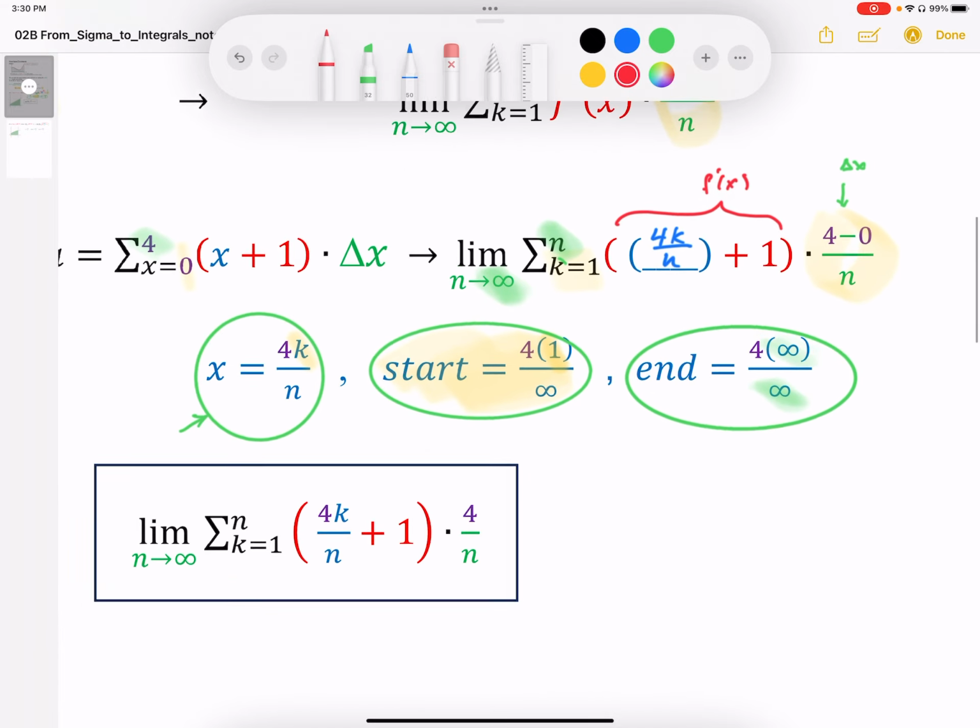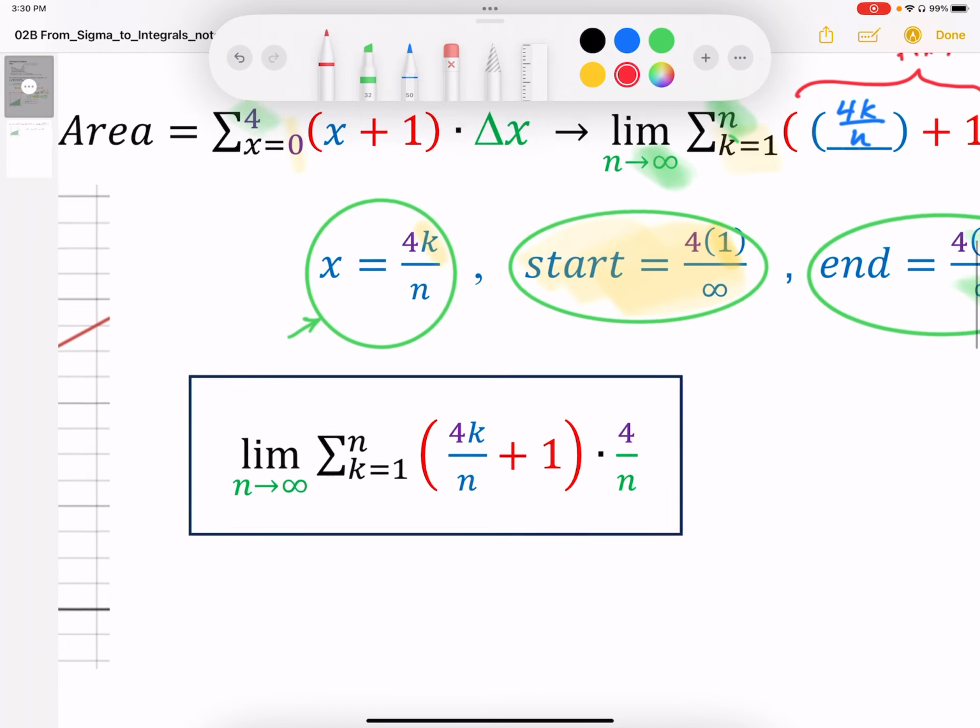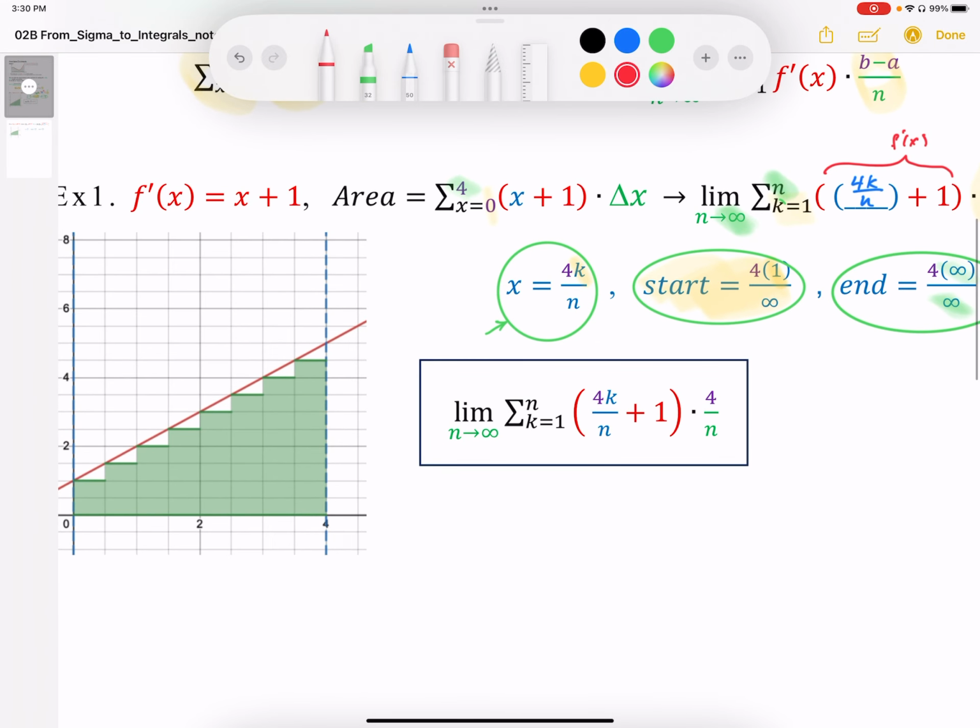So the end expression looks like this. If I want to find the area under that curve, I'm going to have x plus 1 times delta x, or when I put it into k and n form, 4k over n plus 1 times the width 4 over n. And if we let n go to infinity, we can get the exact area.